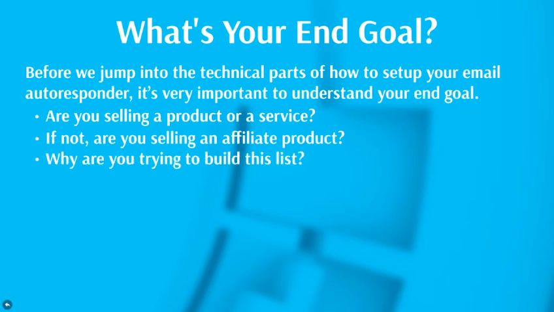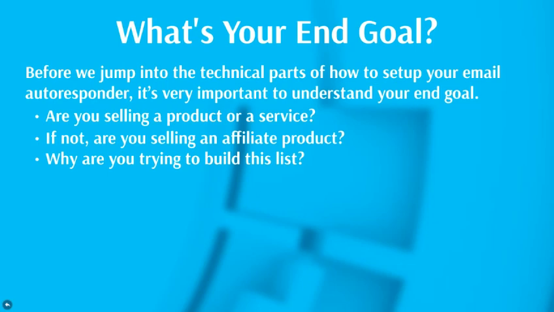The reason I ask you to write this down is that if you're selling your own product, you can do a few things like build a relationship, brand yourself, and provide more value. There's a different way of doing it, basically.